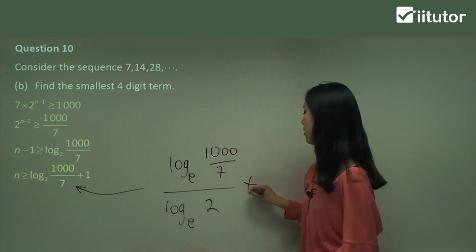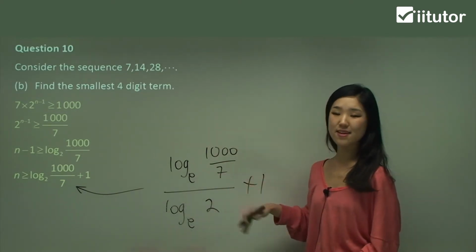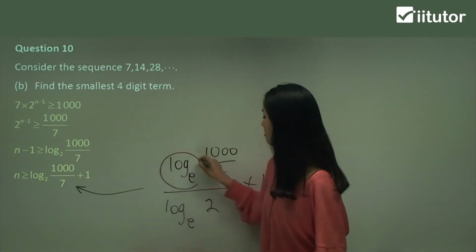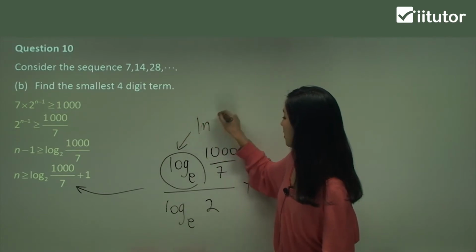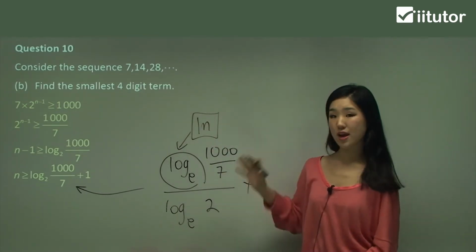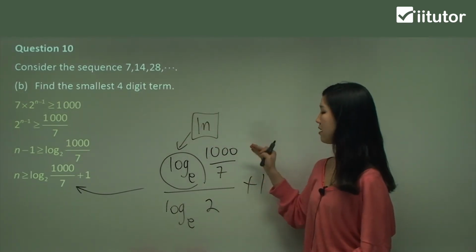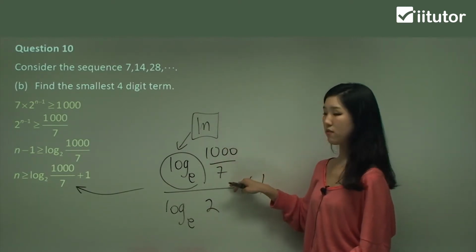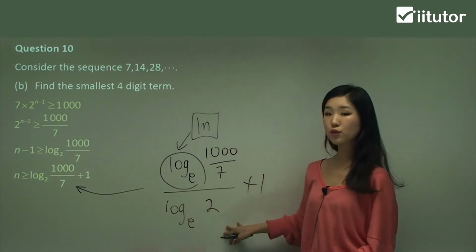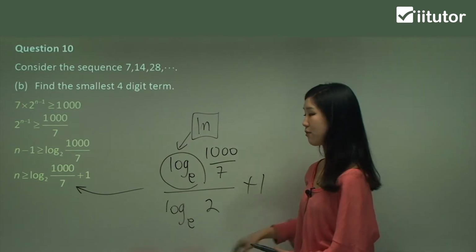And then of course plus 1. Put this in your calculator and then you can solve it. Log e, guys, remember that is the ln button on your calculator. So just press your ln button and then go ln 1,000 over 7, over ln 2, plus 1, and then you should get the answer for n.